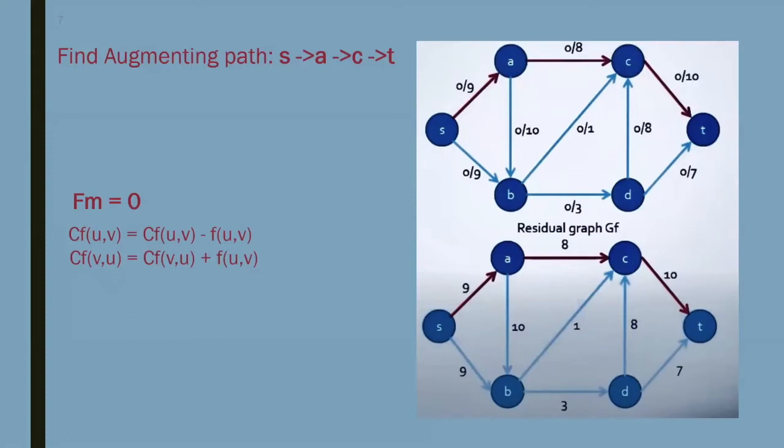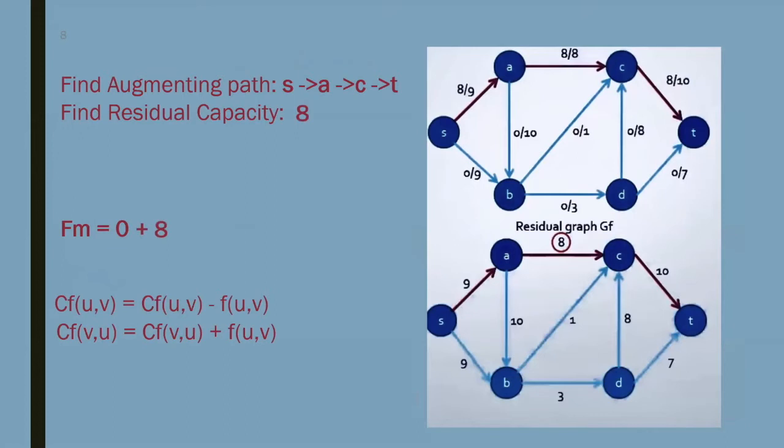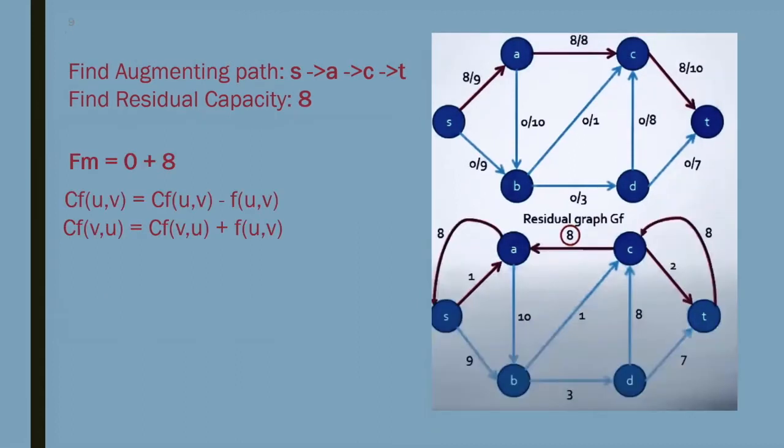Then we go looking for an augmenting path, for example S A C T. We look at the residual graph and try to find the residual capacity, which is 8, and we add it to the maximum flow, and then we update the flow in the upper graph. Now we update the residual graph by adding back edges of capacity 8 for S A, then A C, then C T.